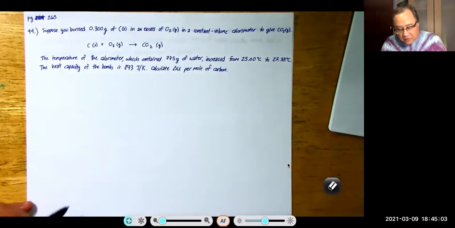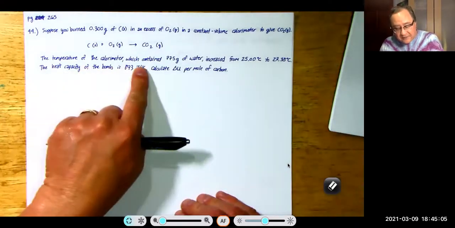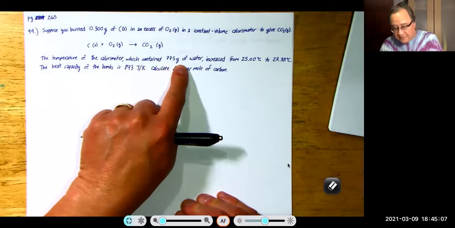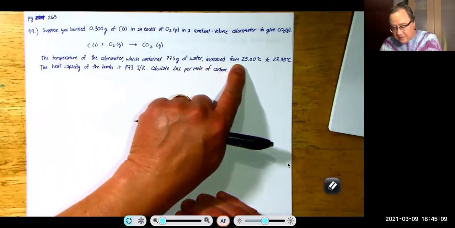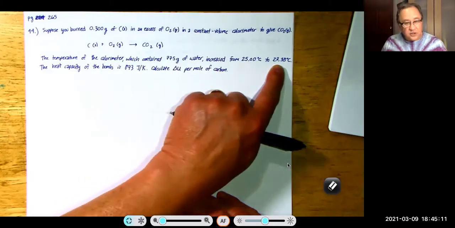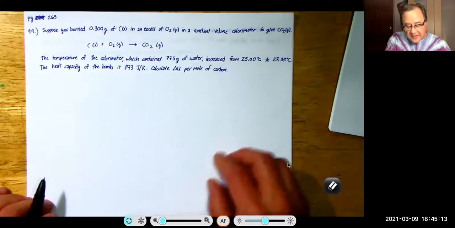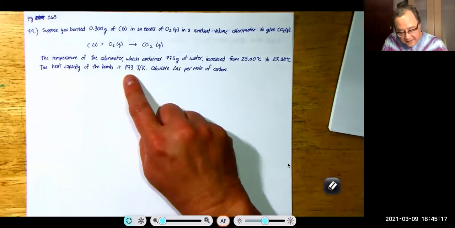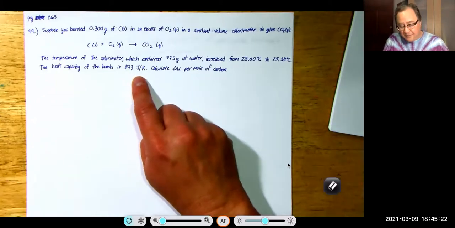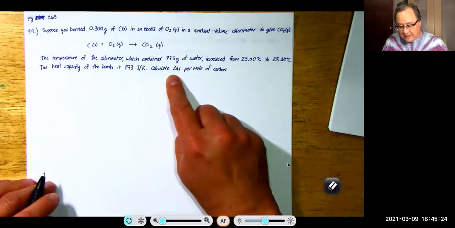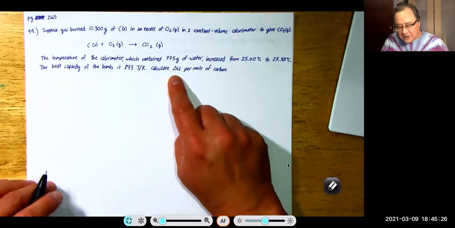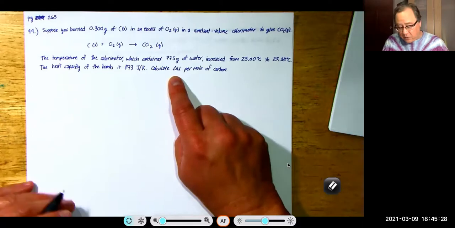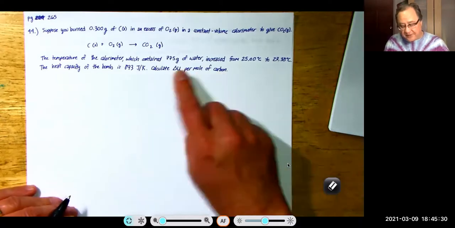The temperature of the calorimeter, which contains 775 grams of water, increased from 25 degrees Celsius to 27.38 degrees Celsius. The heat capacity of the bomb is 893 joules per K. Calculate the change in internal energy per mole of the carbon. So that's what that is.